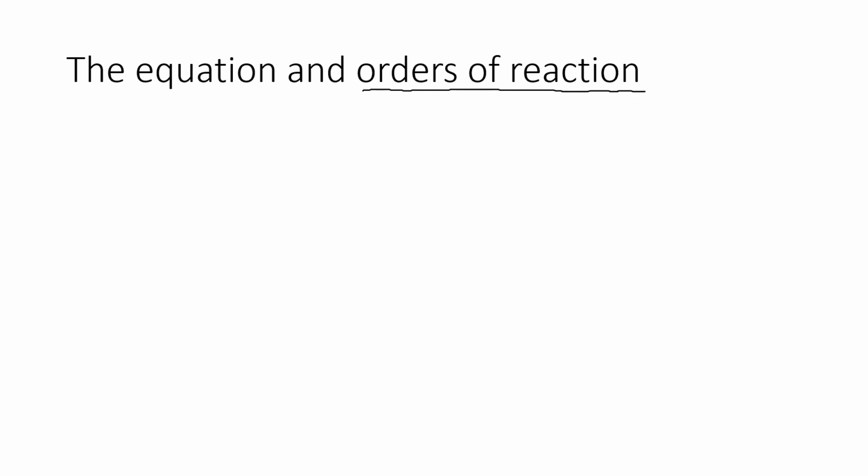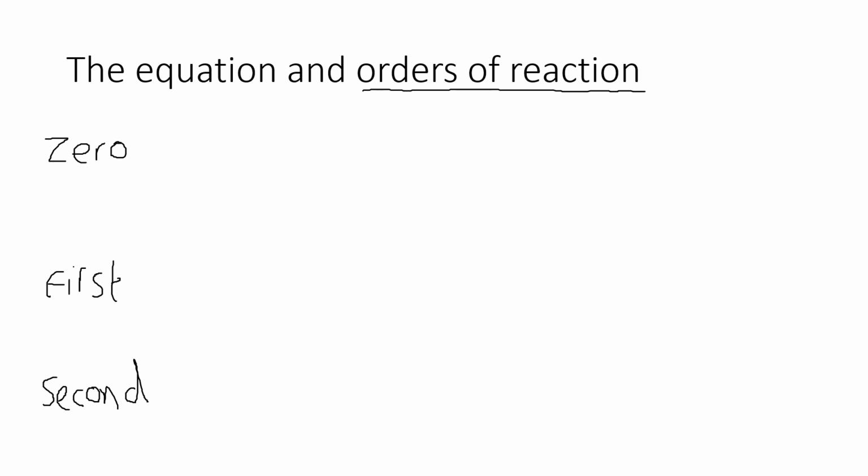And I'll explain what that means as we go through. The first scenario is 0 order, and then you can have first order and second order. There are others, but at A level, that's all we need to worry about. First, second, and 0. So let's start by defining what we mean by that.